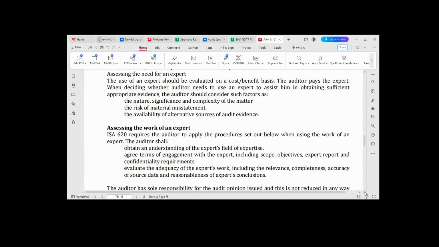So in the course of selecting the expert, you must understand whether the expert has adequate knowledge about his field. For instance, if the auditor wants to take contingent liability opinion or advice from a legal practitioner, he's not going to ask someone that just graduated from the Nigerian Law School. He's not going to ask somebody that has spent just 3 years practicing law.